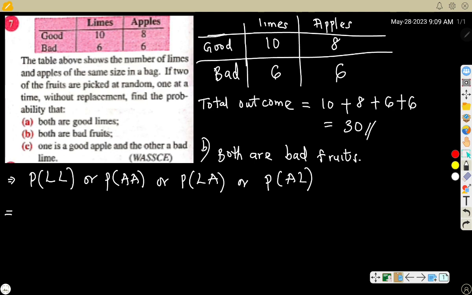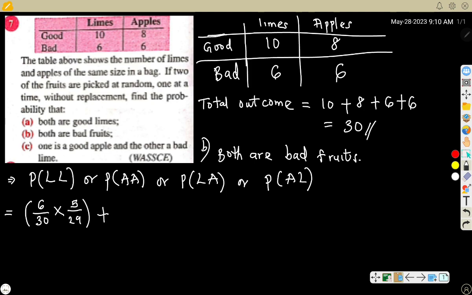So now, what is the probability that both are limes and bad? That will be 6 over 30 times, remember for bad limes you have 6, another lime that is bad, you have 5 over 29. Remember, it is without replacement. Total number will always reduce.